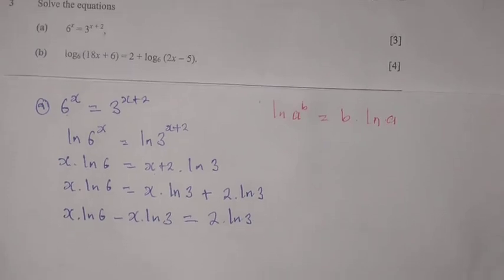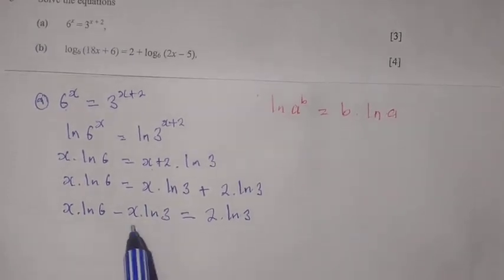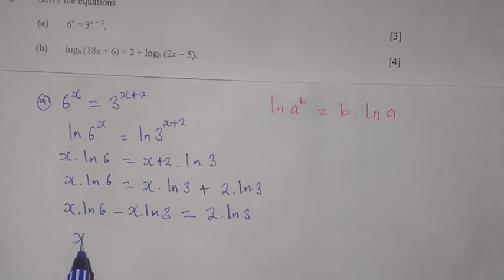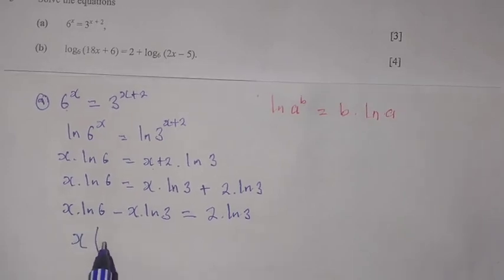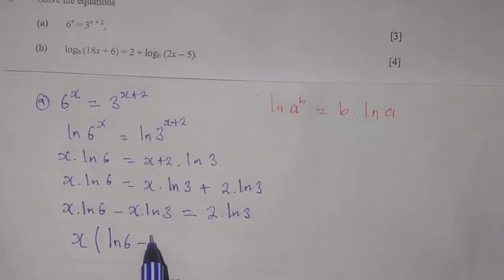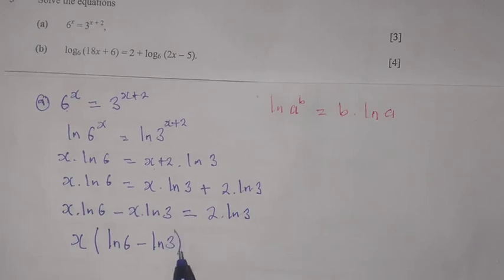I hope here it's clear. Then from this stage, you can observe on the left-hand side, you have x here, you have x here. So you can factor out. You can write x, open bracket, so you remain with ln of 6 minus ln of 3, then equal to 2 times ln of 3.